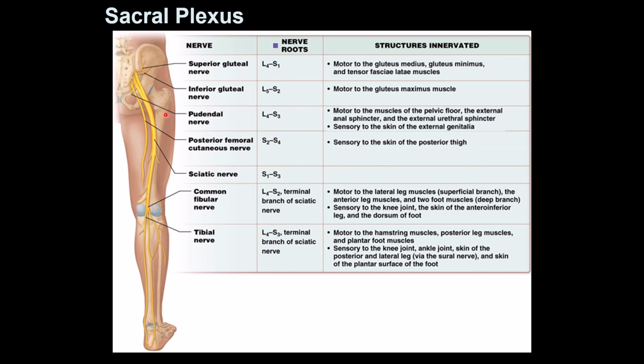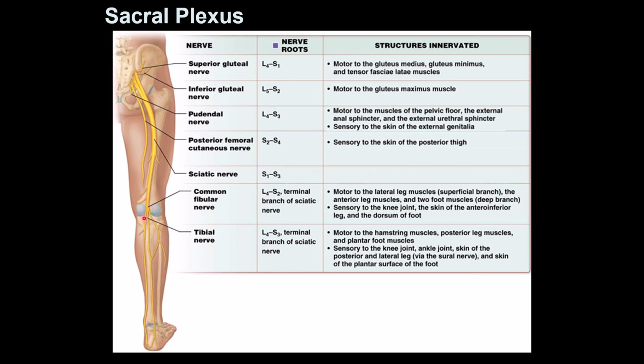The pudendal nerve supplies the pelvic floor muscles and the skin of the genitalia and anal area. The posterior femoral cutaneous nerve supplies the back of the thigh and is sensory only.